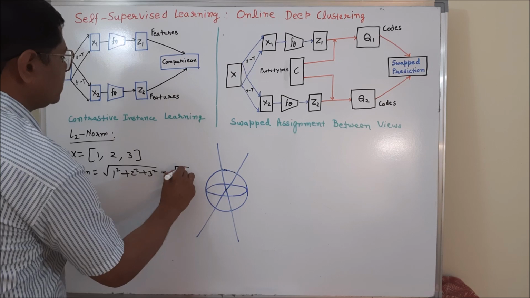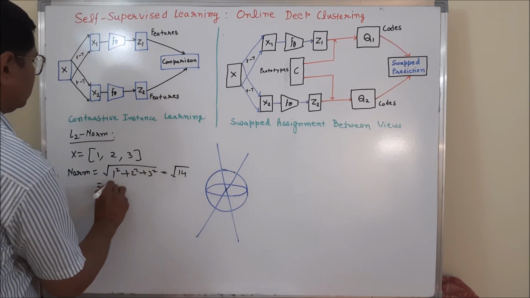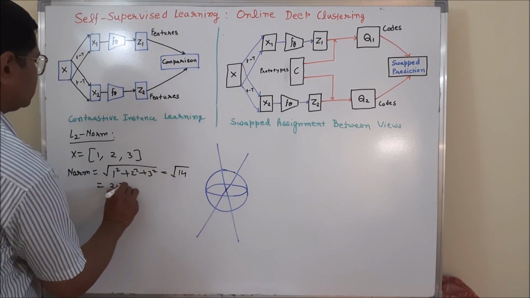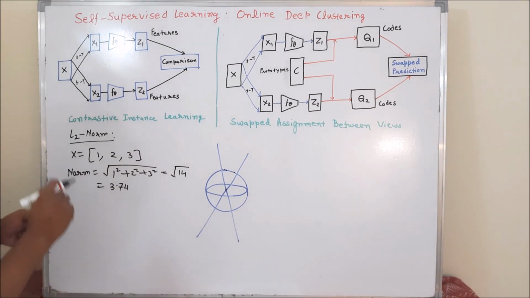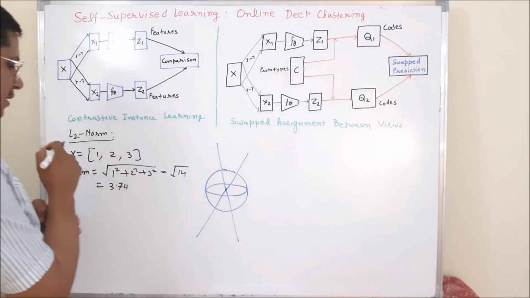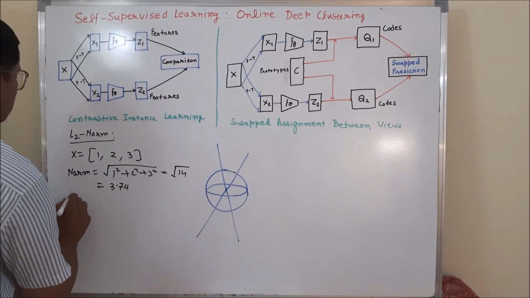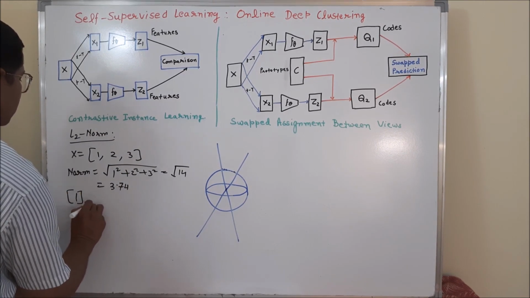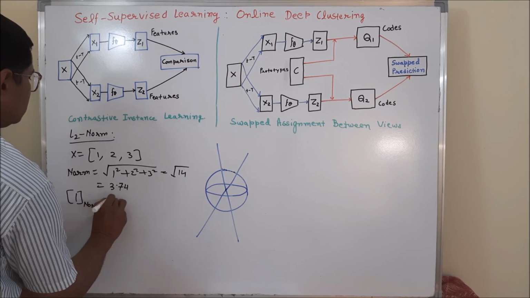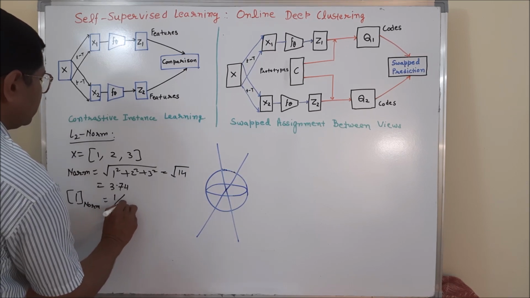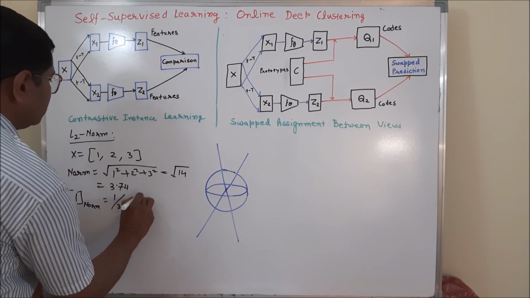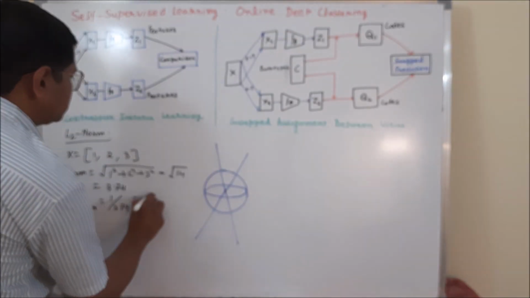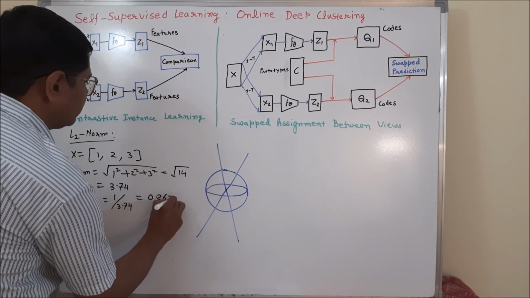It will be equal to the square root of 14, and it will be around 3.74. Now to compute the L2-Norm of 1, we will just use 1 divided by 3.74. I have calculated this number is equal to 0.267.